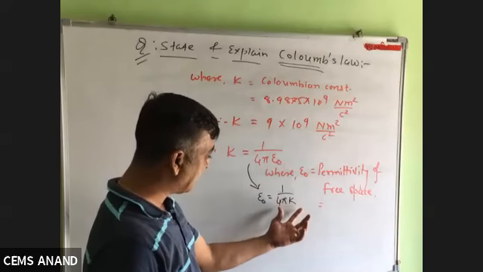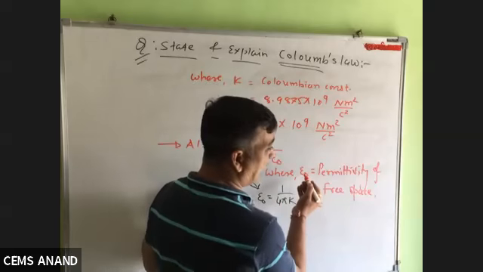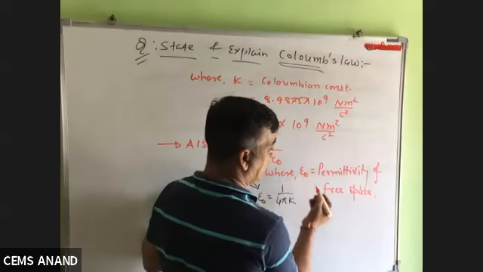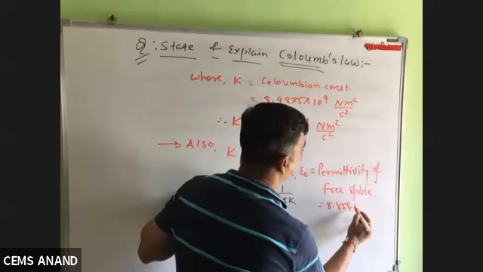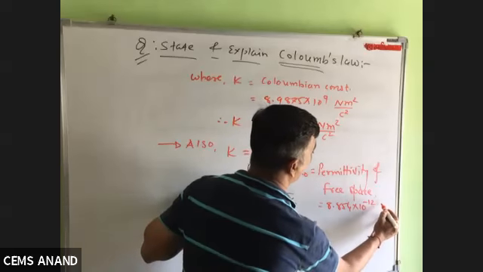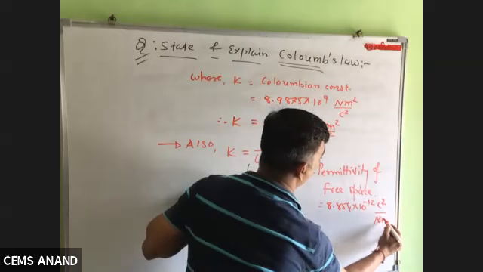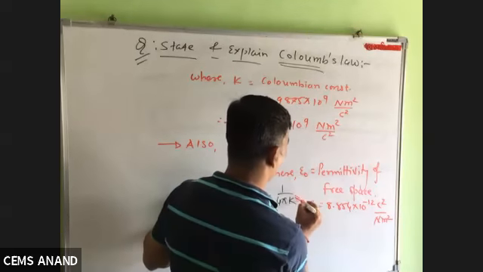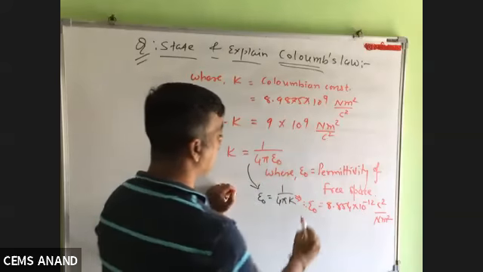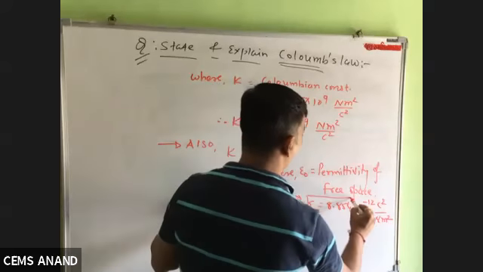So by placing this value, epsilon 0 has the value 8.854 into 10 raised to minus 12 Coulomb square per Newton meter square. So this is the value of epsilon 0.